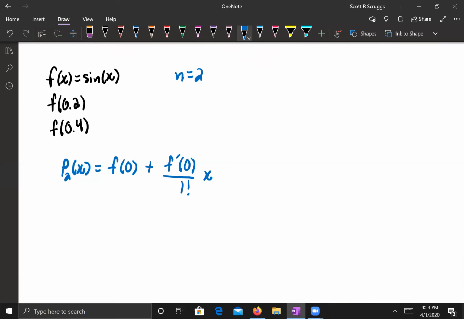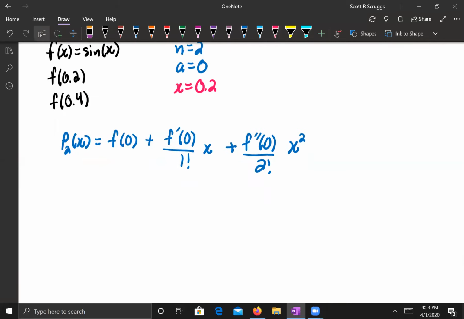Because my center is 0, that's why I'm not including x minus a, because I know in this case a is 0. And then once I get my polynomial, I'm going to plug in 0.2. And so let's walk through that then.